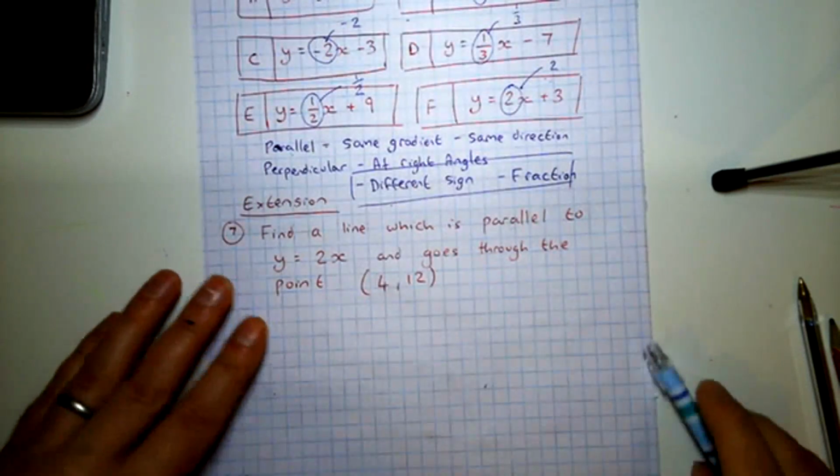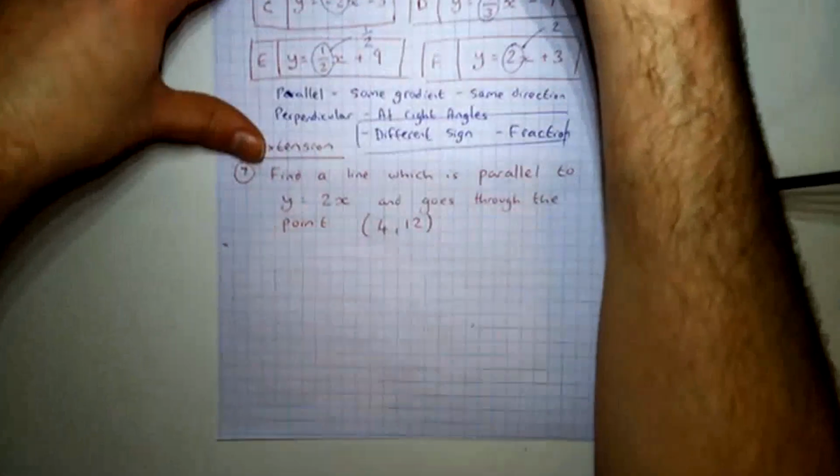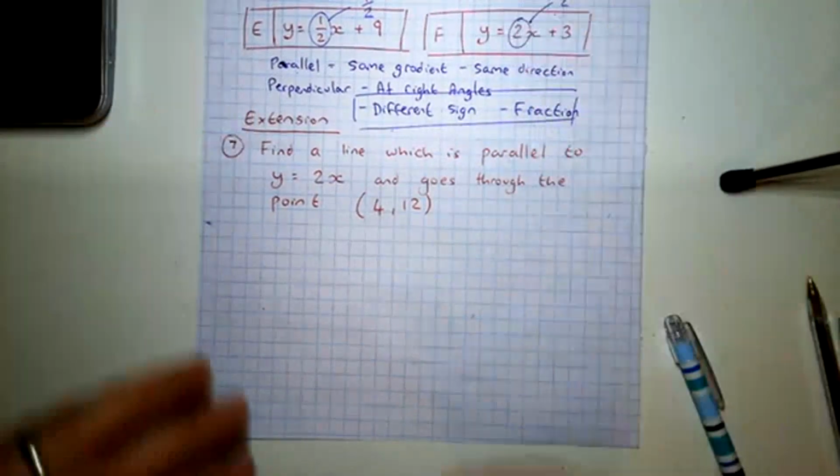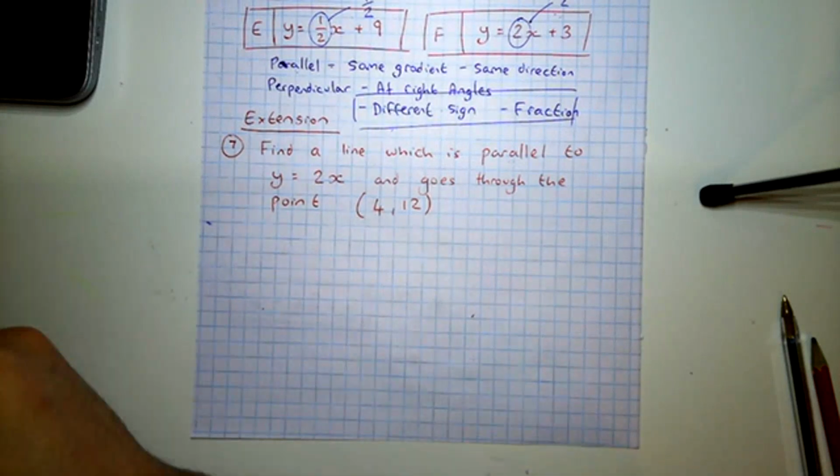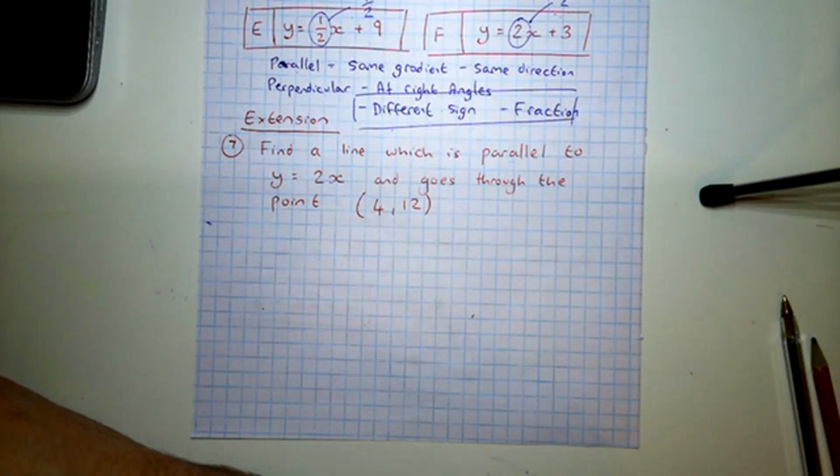Right, I'm going to look at an extension problem now. It's an extension problem because it's something we haven't looked at yet. It doesn't require any extra knowledge, but it perhaps requires a little bit of problem solving skill.